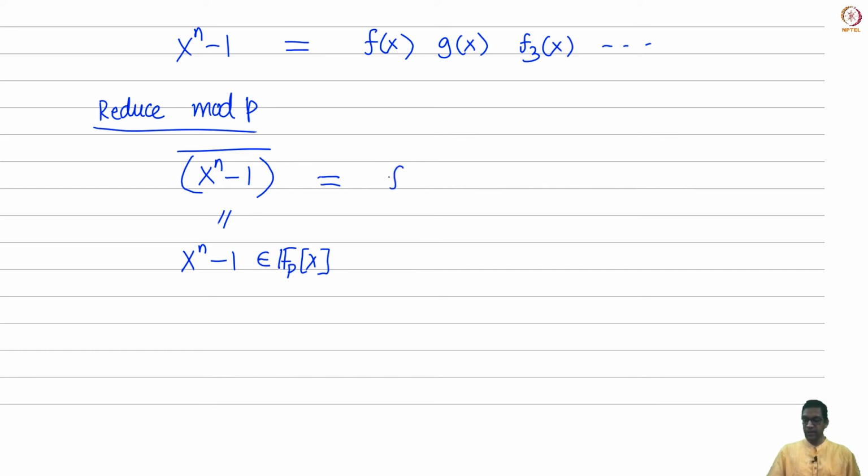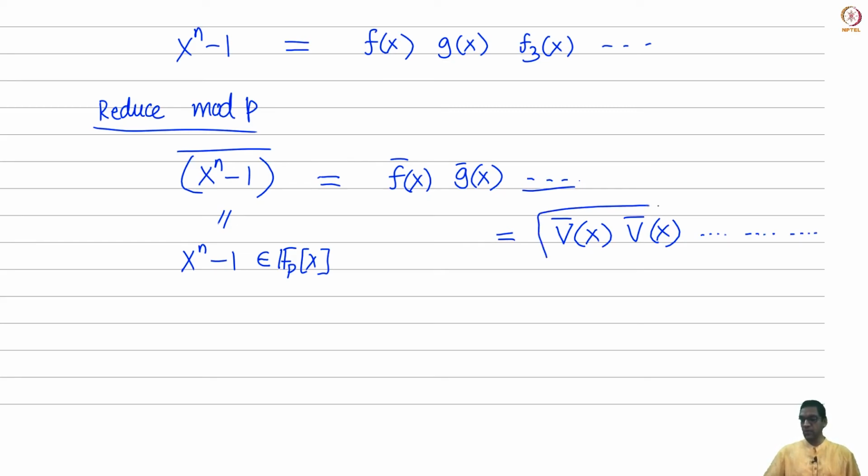This is f bar(x) times g bar(x) times some other terms, but f bar and g bar have one common factor, which is v bar. So there is v bar inside f bar, another v bar inside g bar, and some additional factors, but I don't care about all those. What I care about is that the right hand side has v bar squared followed by some other polynomials.